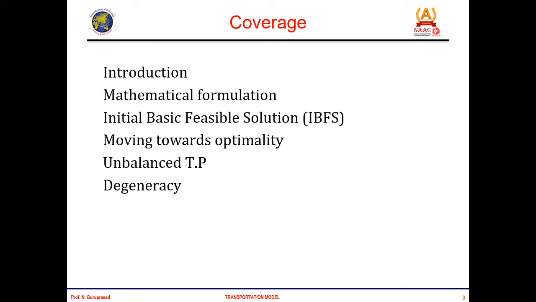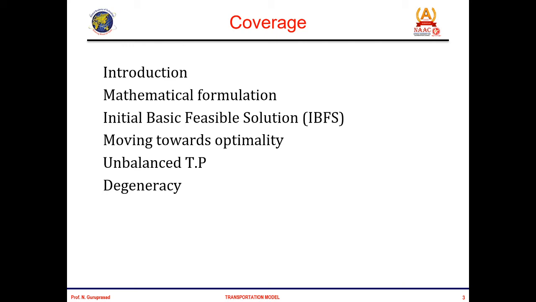With this small background, let me tell you the coverage of this particular model called as transportation model. I'll just give you a brief introduction followed by a mathematical formulation, and then we move on to find out the initial basic feasible solution for the transportation problems. Any transportation problem, if you want to make an attempt to solve it, the first step is you need to find out the IBFS.